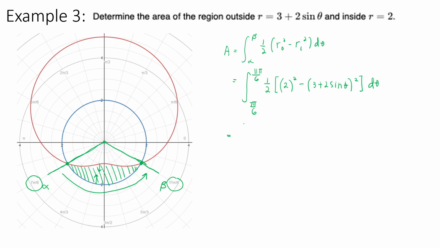So again, plugging it in your calculator, that will be 7 pi over 6 going to 11 pi over 6, then 1/2. So 2 squared, then minus 3 plus 2 sine of x, squared, then d theta, dx there.